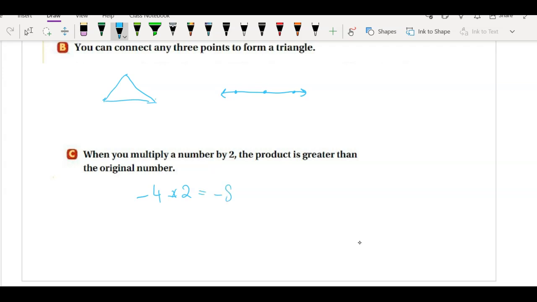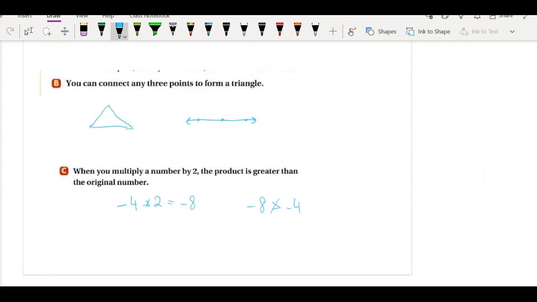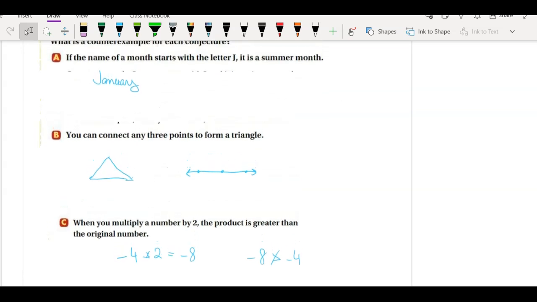That gives me -8, and -8 is not greater than -4. So one of the hardest things to do is going to be to let go of any preconceived ideas or assumptions. Once you do that, finding counterexamples will be much easier.